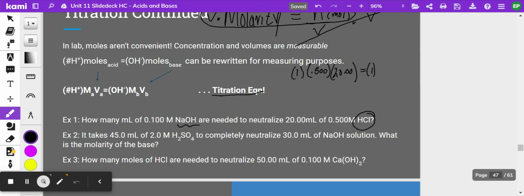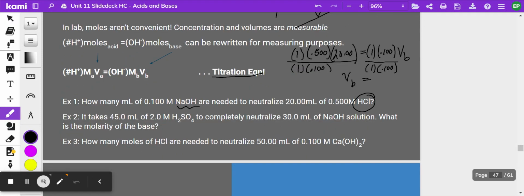The molarity of the base is 0.100, and we are solving for the volume of the base needed for that neutralization to take place. Well, a little bit of algebra will tell us to divide by 1 times 0.100. What I do to the right, I do to the left. The volume of the base will then be equal to 100. milliliters.